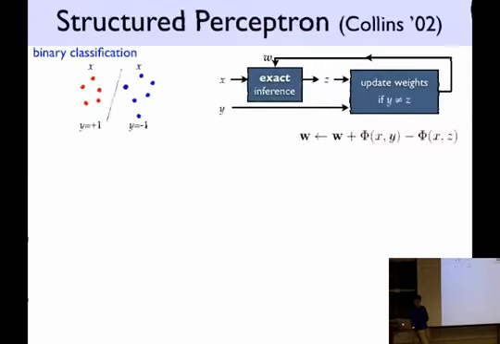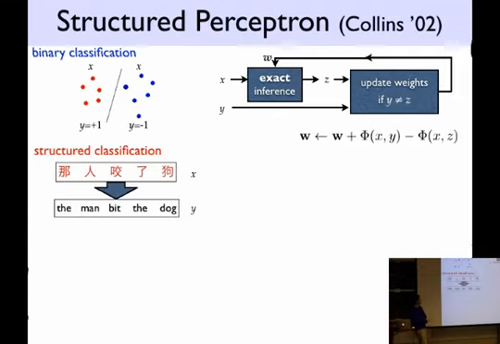Okay. So structured perceptron is the starting point of the learning algorithm we're going to use today. It's a very, very old algorithm from the 1950s or 1960s, from Rosenblatt's perceptron. And it used to be for binary classification or multi-class classification. It's extended to structured prediction, where you can have a structured input, like a sequence of Chinese words, X, and you want to translate it into a sequence of English words, Y. So that's structured input and structured output.